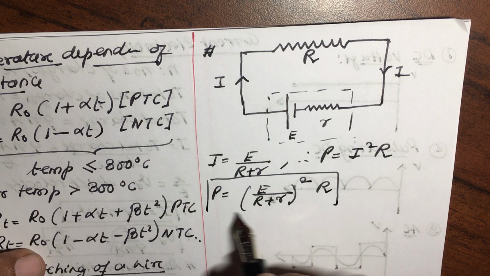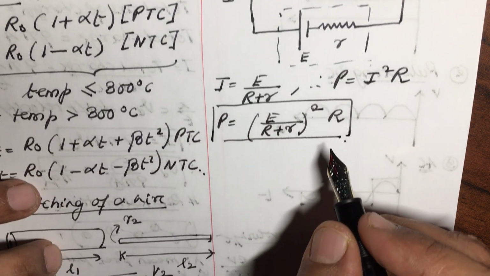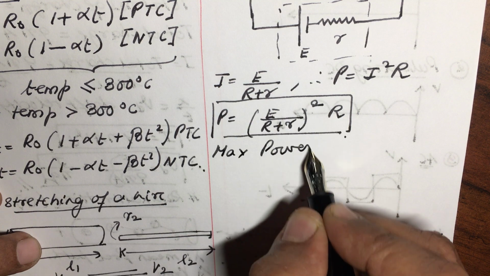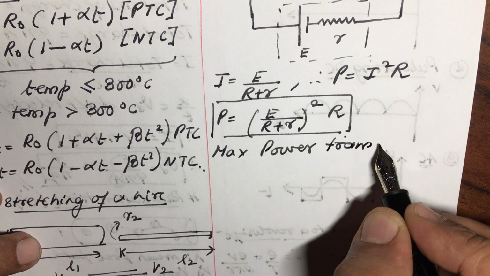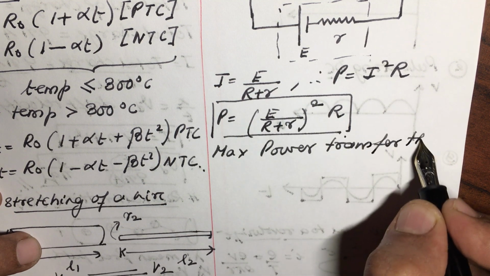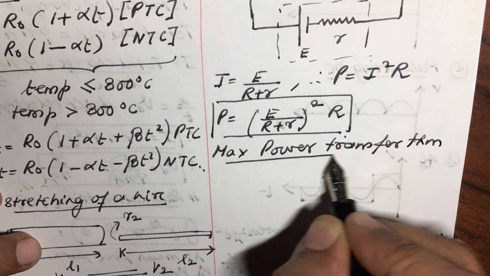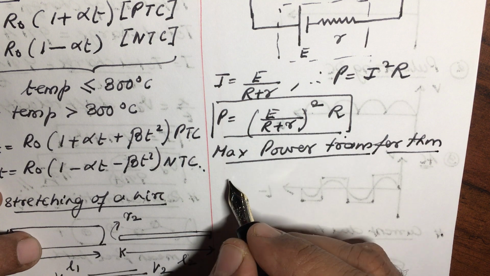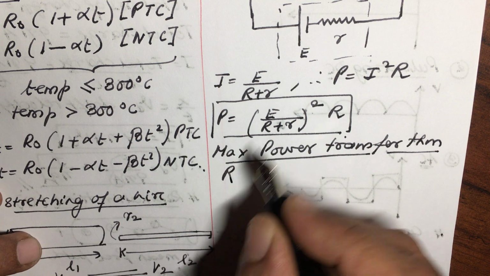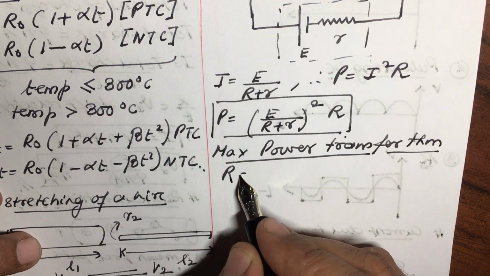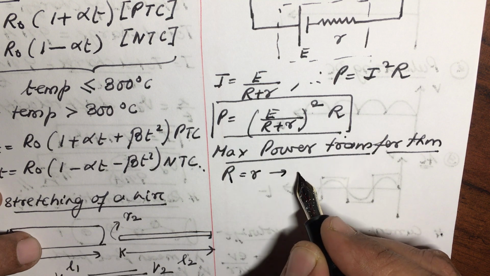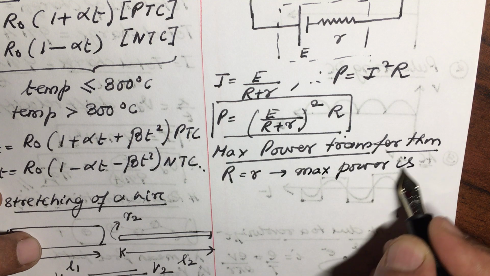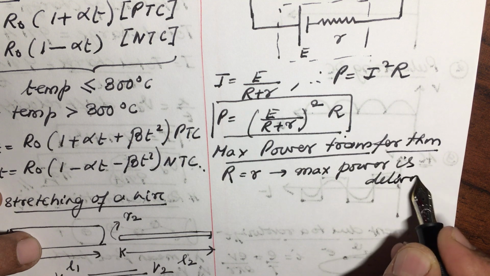Now there is something which is known as maximum power transfer theorem. Proof not required, just see what the theorem is. This states that if the external resistance R is equal to the internal resistance, then maximum power is delivered.